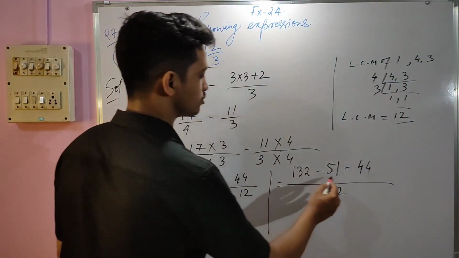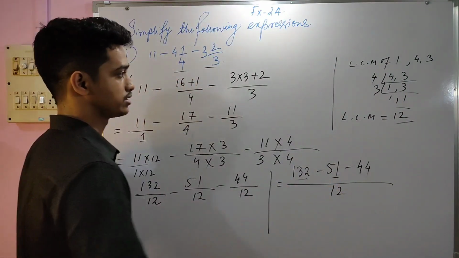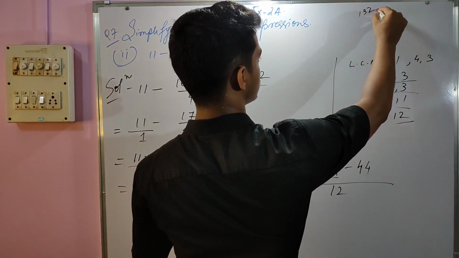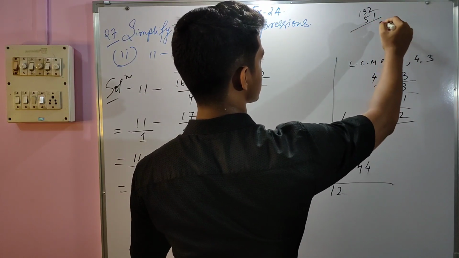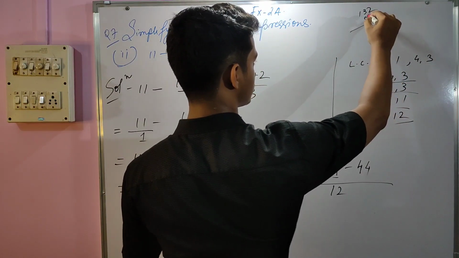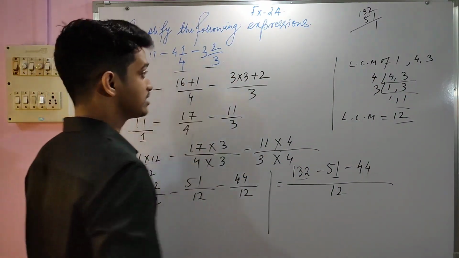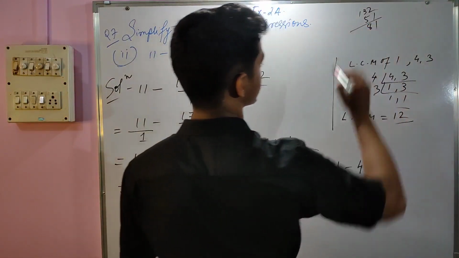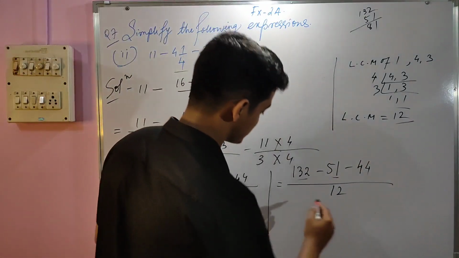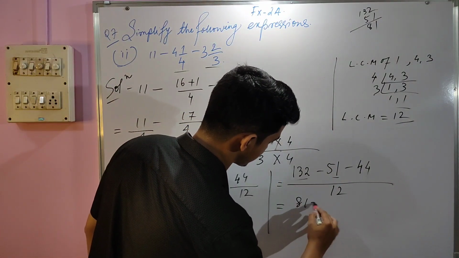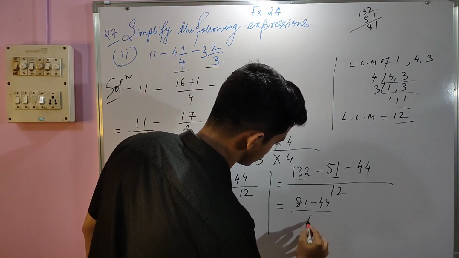Now see, 132 minus 51 is what? 2 minus 1 is 1, and 13 minus 5 is how much? That is 8. So 81 minus 44 by 12.